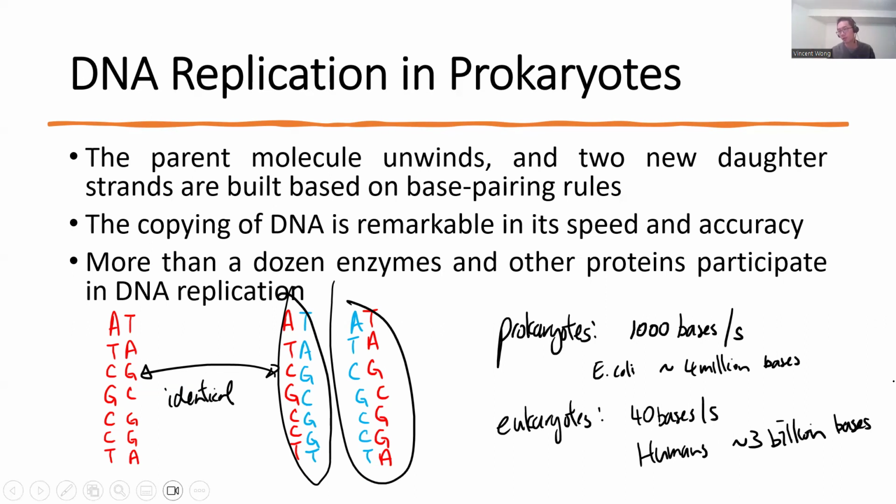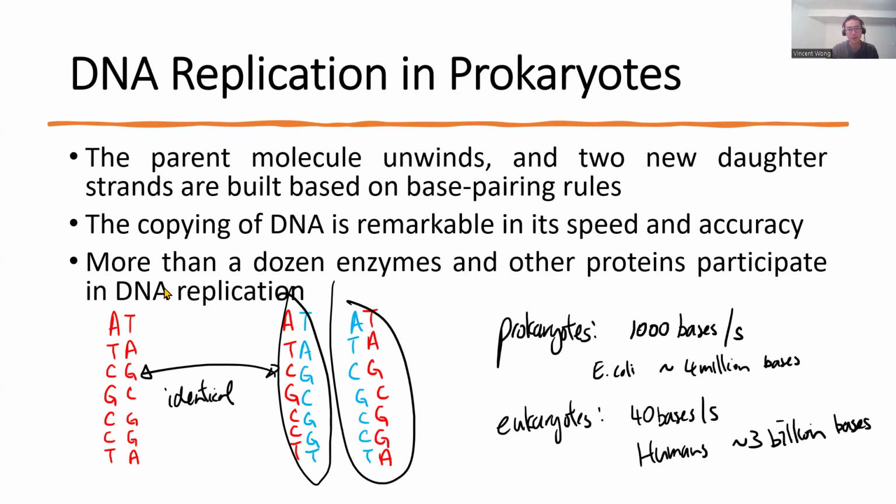We're a little bit slower, but slower is okay. We don't want to make mistakes, because if you make mistakes, it's going to cause a mutation, and that might or might not lead to things like cancer, which is something we will talk about in this lecture.